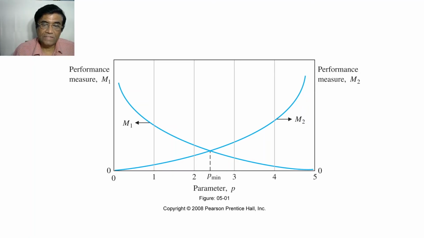Today we are going to discuss that in the process of designing a controller, there will be several parameters, right? One such parameter, say this is my parameter, right? And it's very common that there could be performance measuring criteria. This is one performance measure, and they could be conflicting, or there could be a trade-off.